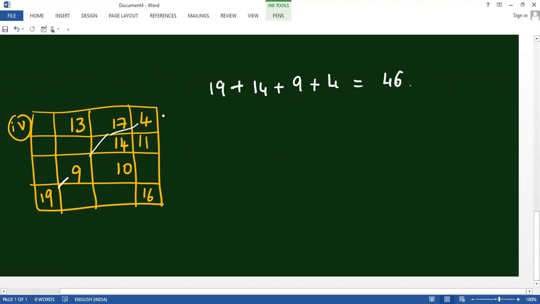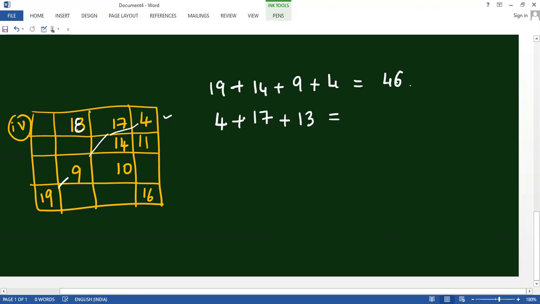I mean this one, that is 4 plus 17 plus 13. Let me correct this question, this is 18.